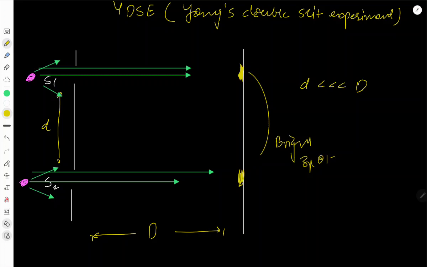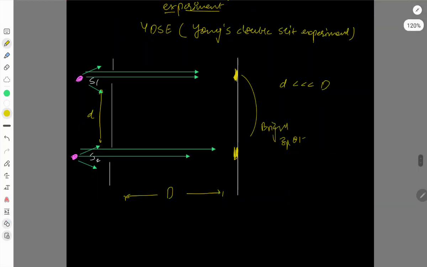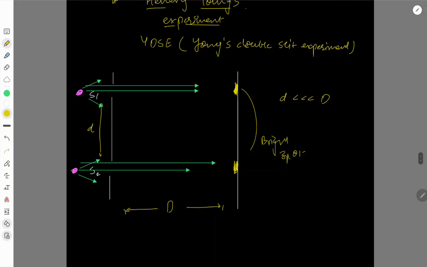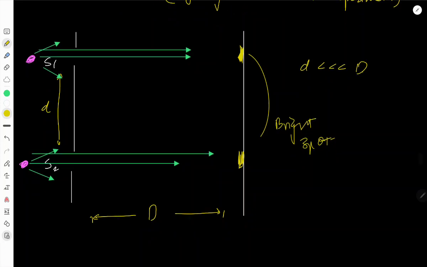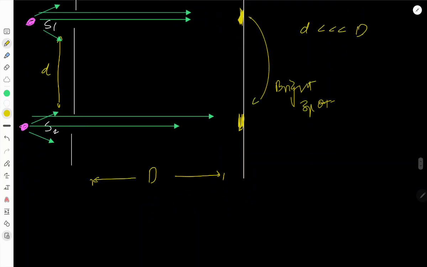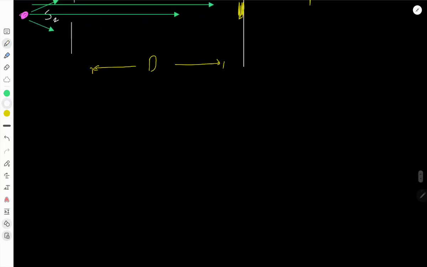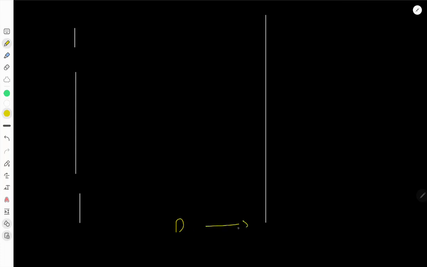But this is not what we actually found. It was something completely fantabulous. So what we understood was that if we perform this experiment, I am drawing the diagram again in order to understand this and compare what the differences were. So this is our diagram, this is our capital D again.